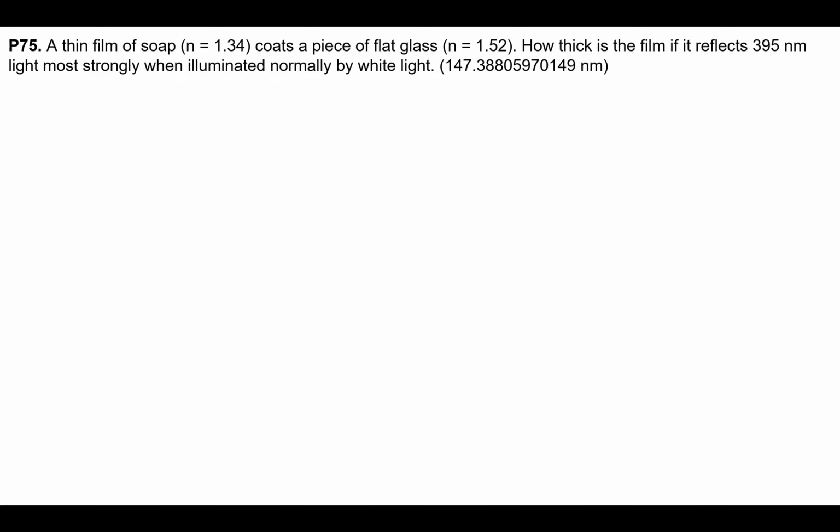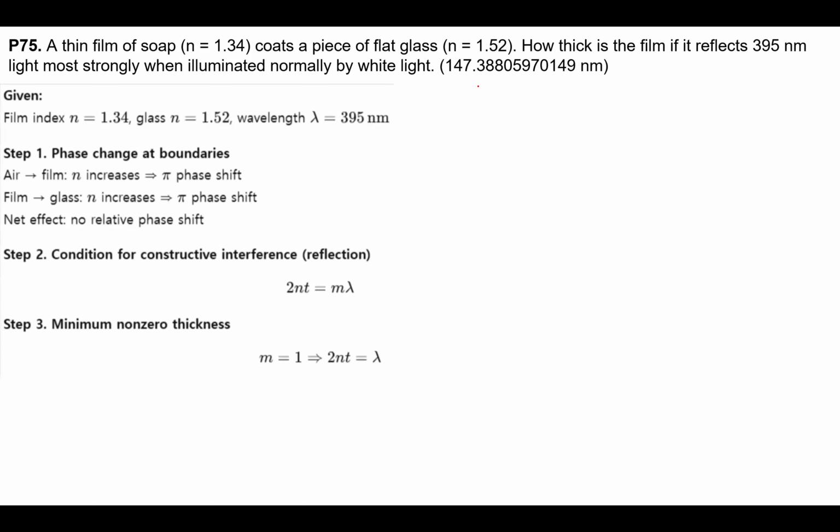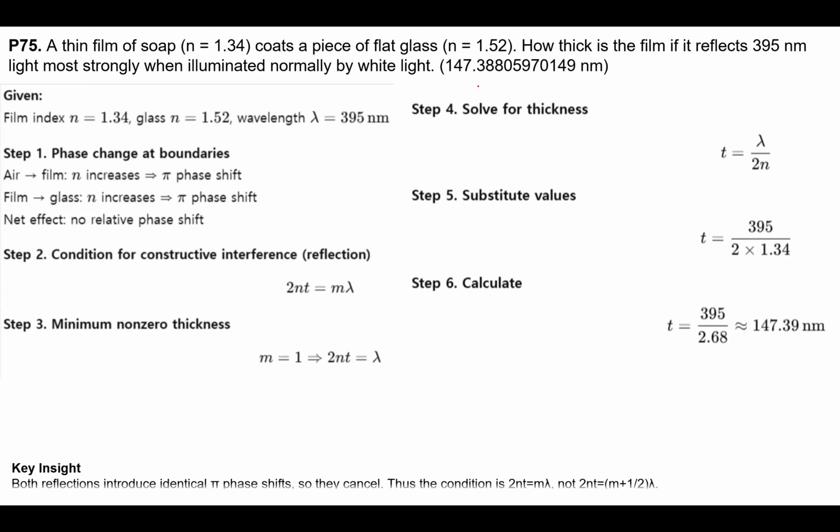And a thin film of soap coats a piece of flat glass. How thick is the film if it reflects 395 nanometer light most strongly when illuminated normally by white light? In this case, once again, we are going back to problem 75. I think we have done it before.